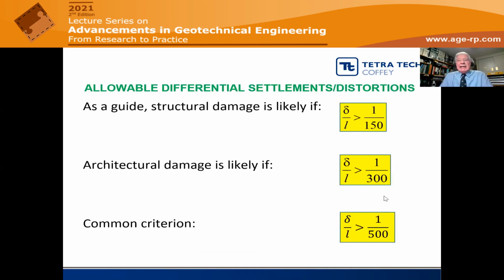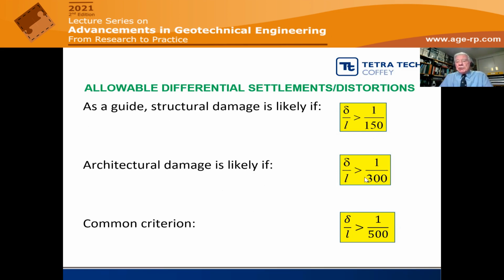In terms of angular distortions, there's quite a bit of literature on this, but there's probably three important numbers. If you have an angular distortion in excess of 1 in 150, so that's quite a distortion, then you're likely to get structural damage.